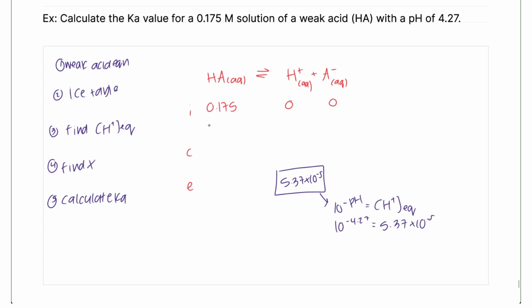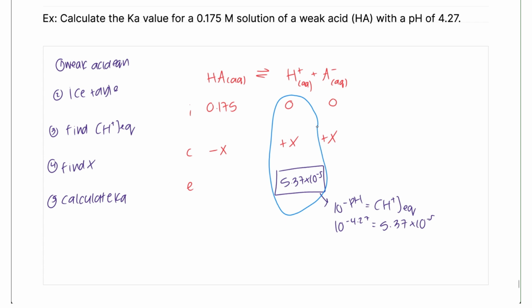For the change column, since we have an initial concentration of weak acid, we're going to subtract X from the reactant side and add X to the product side. To be able to fill out the whole ICE table, we have to find the X value.